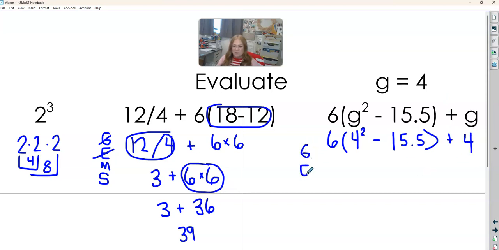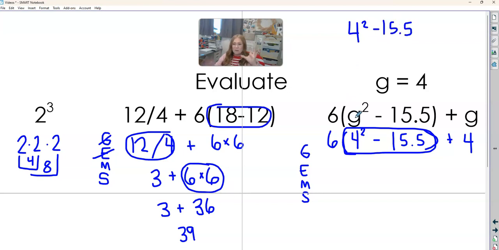So we again need to follow our order of operation rules. So we do have a group. So we need to do this problem first. So we have 4 squared minus 15.5, and we still have more than one thing in the group. We have to follow order of operations. So here's our group. We need to do the exponent first, and then we'll subtract.